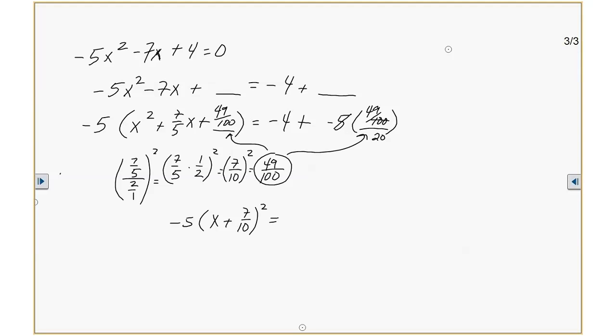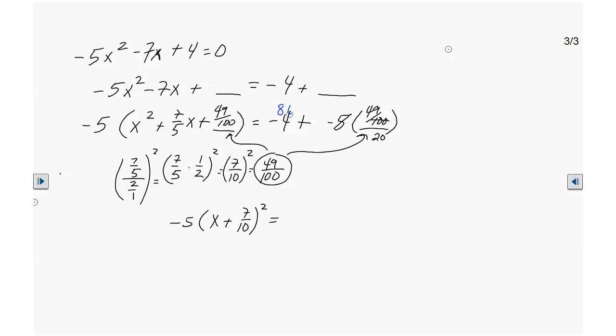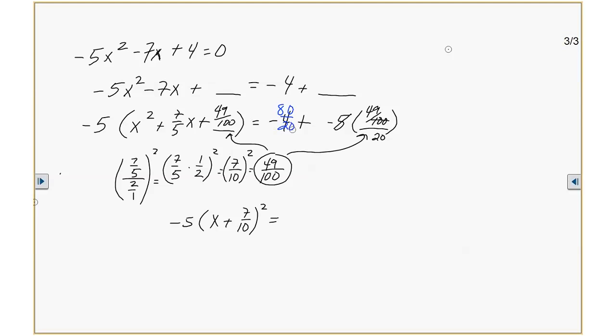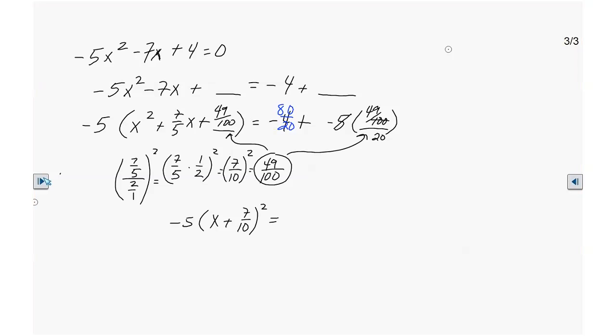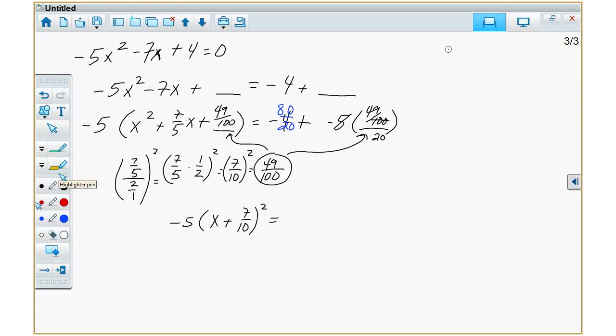So 49 over 20, this is 80 over 20. So what is negative 80 over 20 plus negative 49 over 20? Negative 129 over 20.